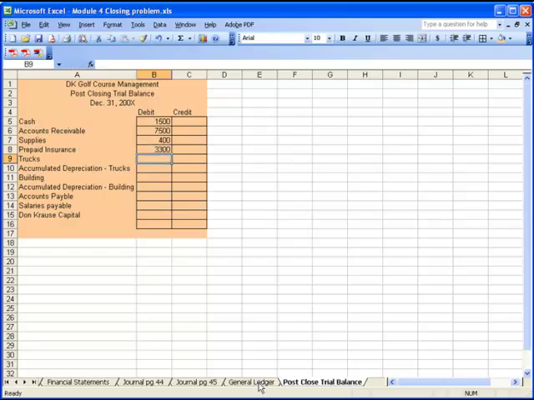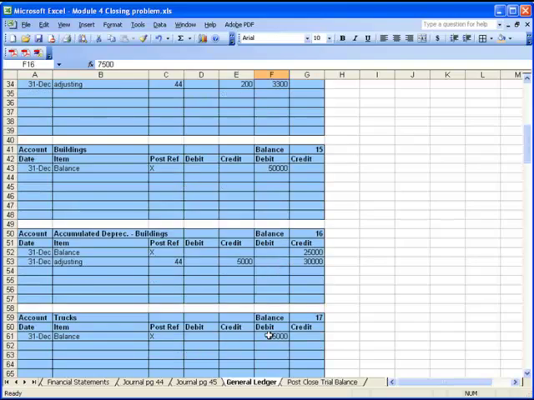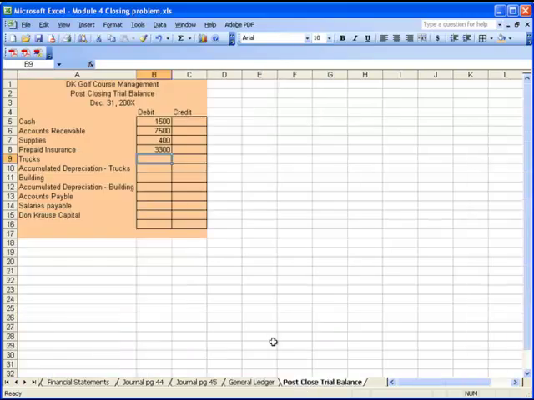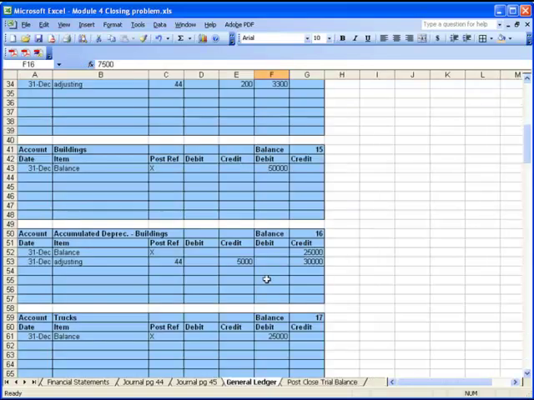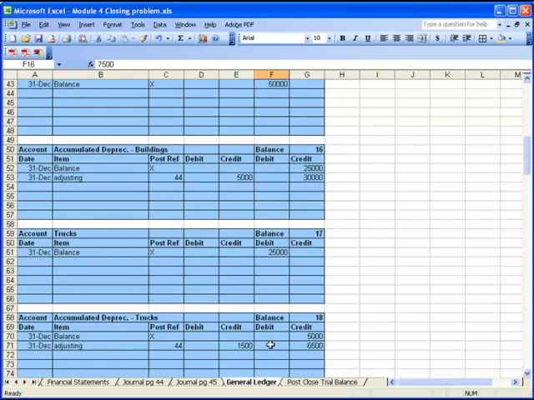Our trucks, there was never a change there, and it is still $25,000, and our building is still $50,000. Our accumulated depreciation in each of those accounts for our trucks, it is $6,500. For our buildings, it's $30,000.